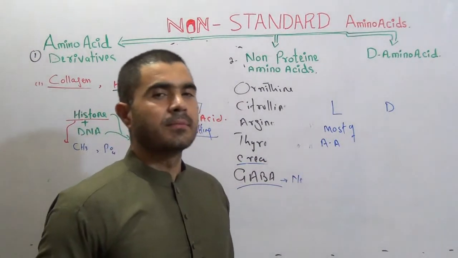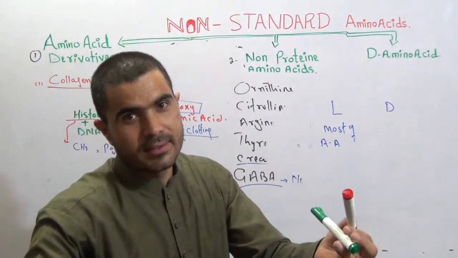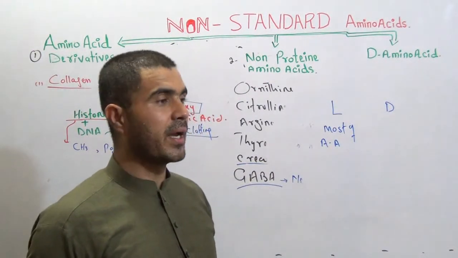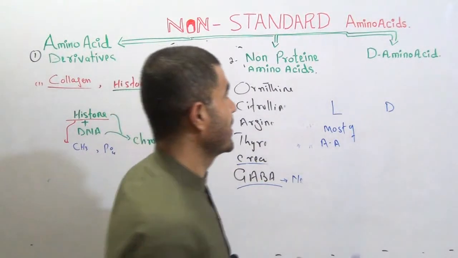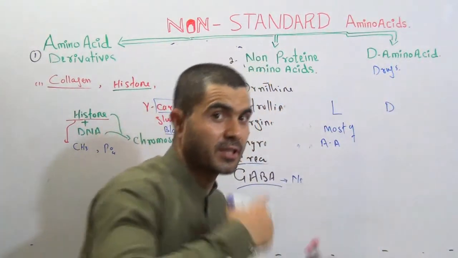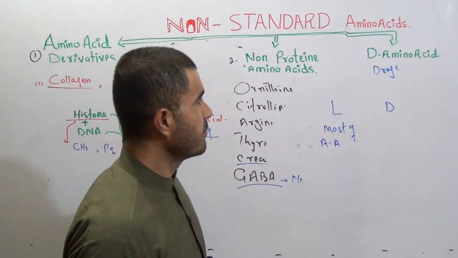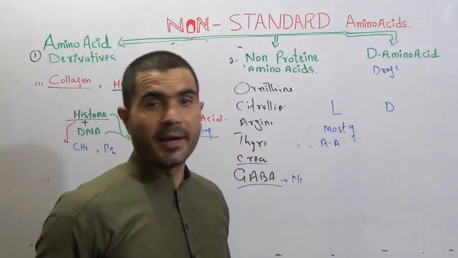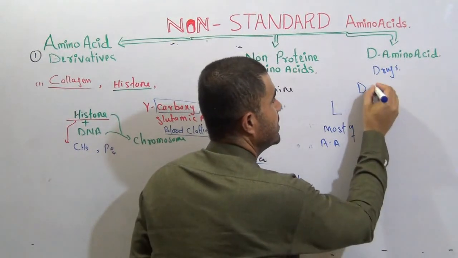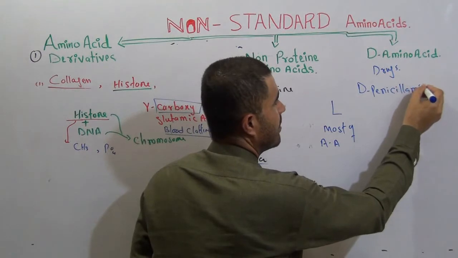They also play a very important role in our body and outside the body, in other organisms like bacteria, and in some drugs. Yes, they are very important from the pharmaceutical point of view. One of the very good examples is D-penicillamine.